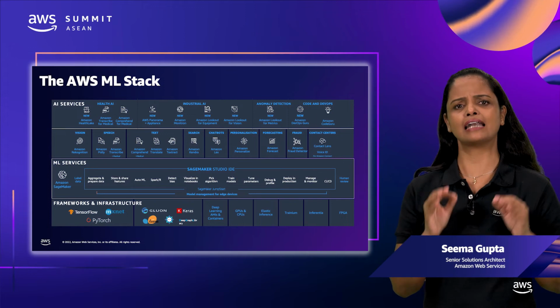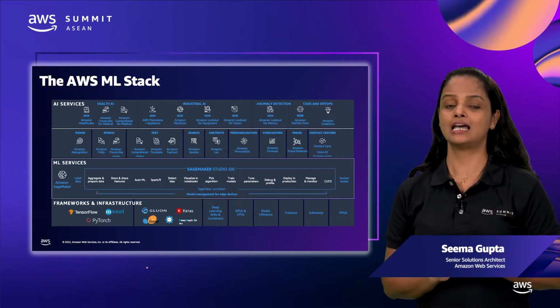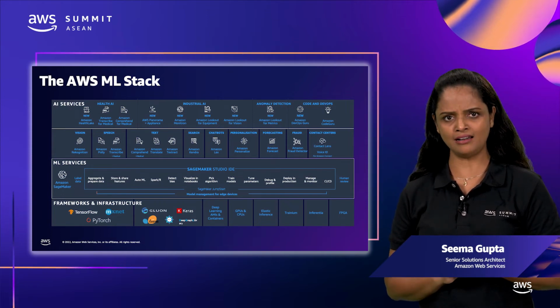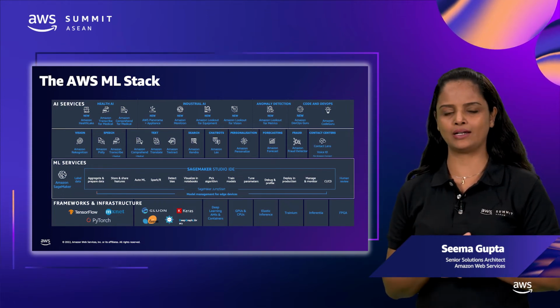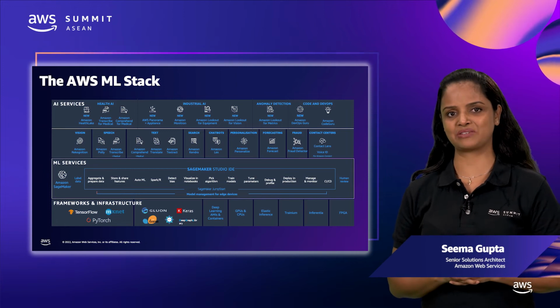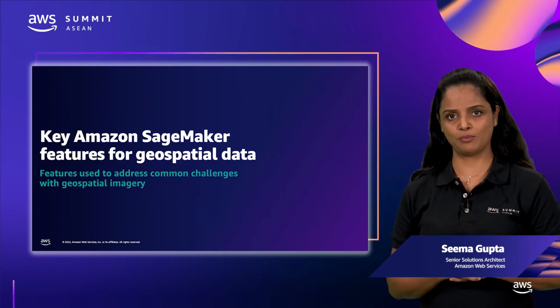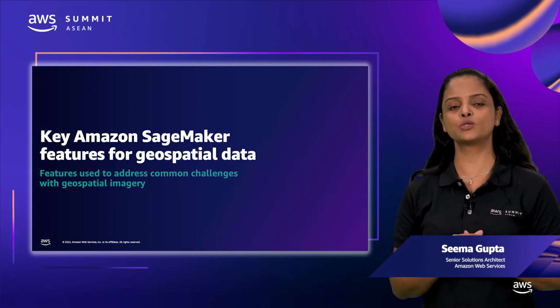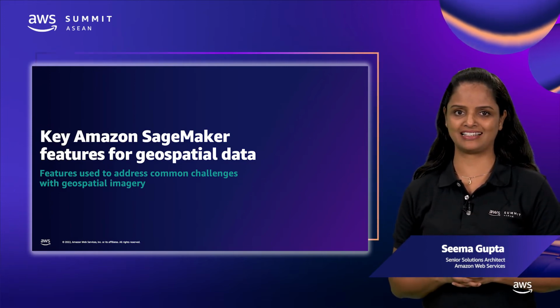AI services address some of the common use cases such as personalized recommendations, modernization of your contact center, improving safety and security, and increasing customer engagement. In the next few minutes, we will dive deep into Amazon SageMaker features which could help geospatial use cases.